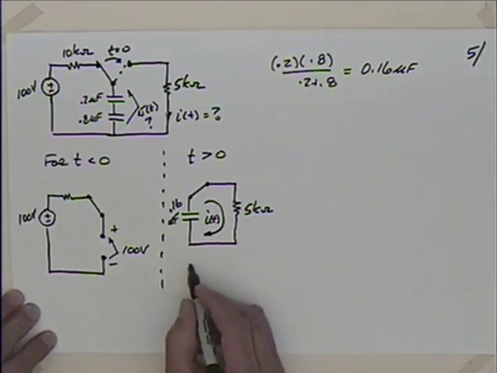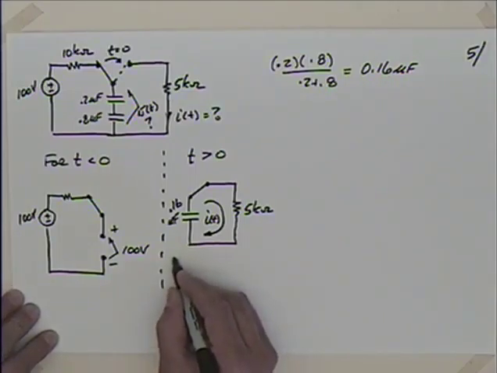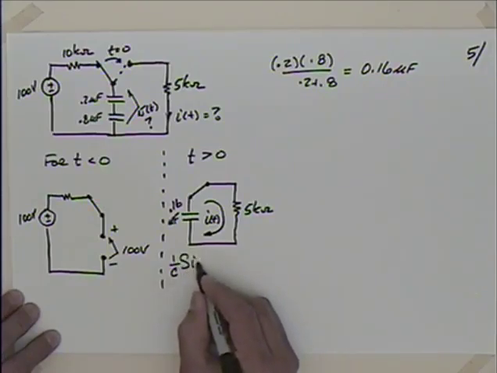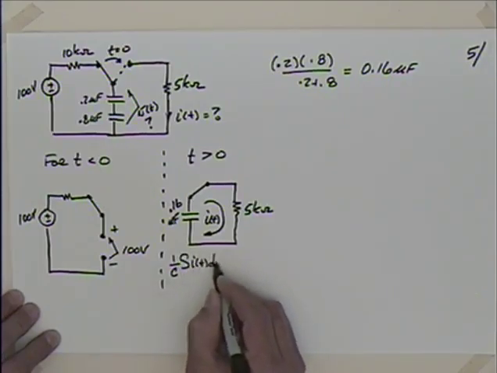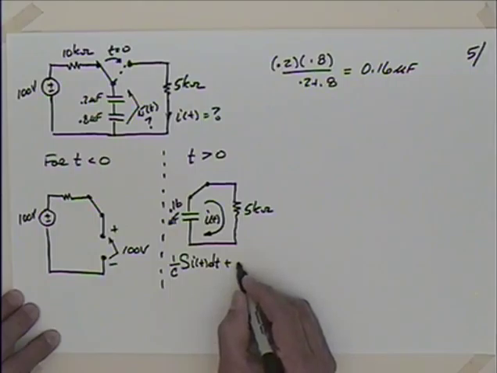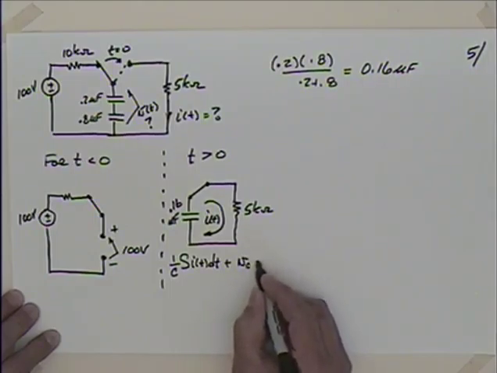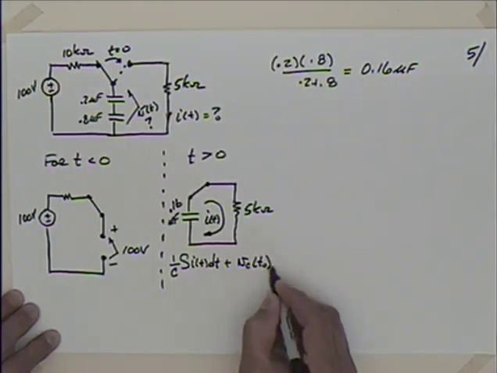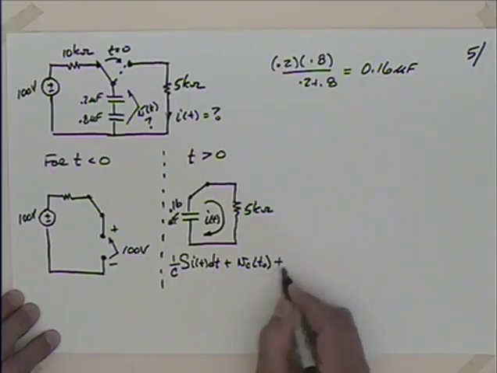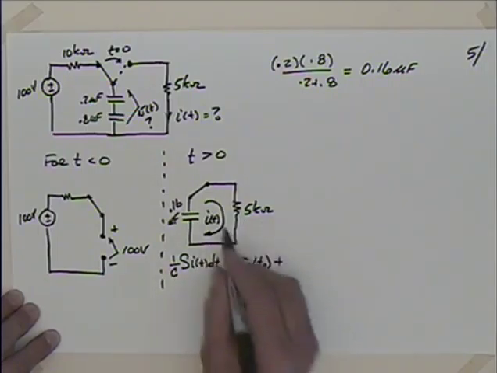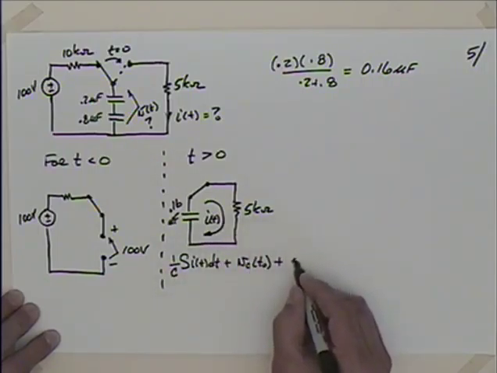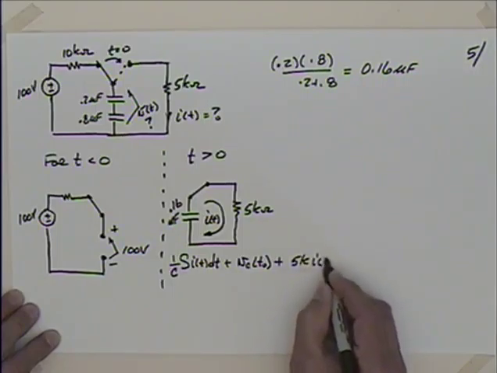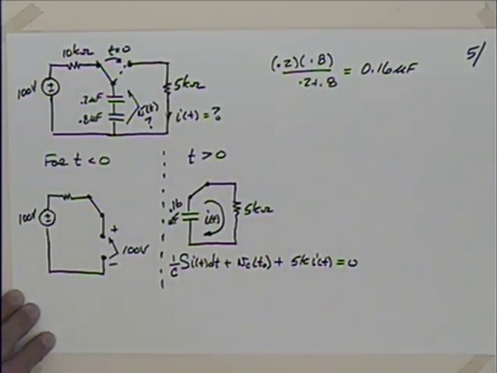So with that, I would have the voltage across the capacitor. That's 1 over C times the integral of I of t dt plus the voltage across the capacitor initially, at t naught, plus then that's the drop, and I'm going to have then a drop across that 5K, so I'll have 5K times I of t is equal to 0, right?